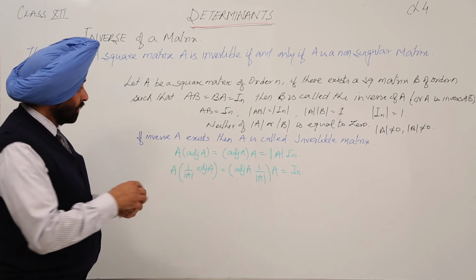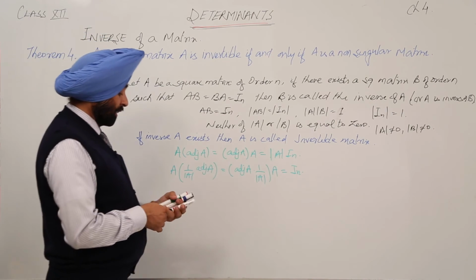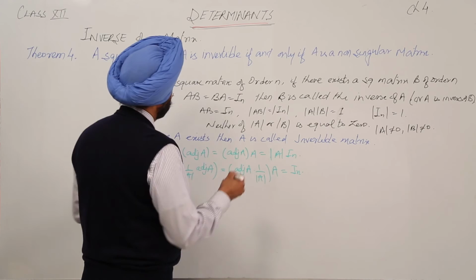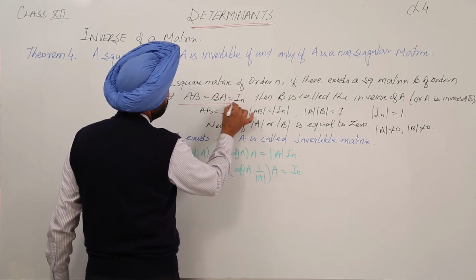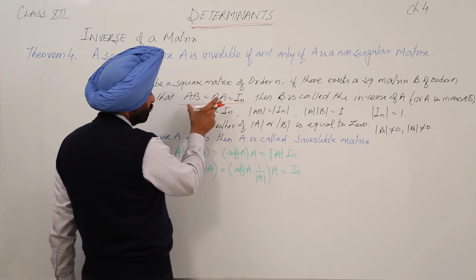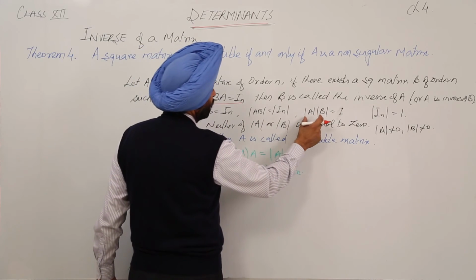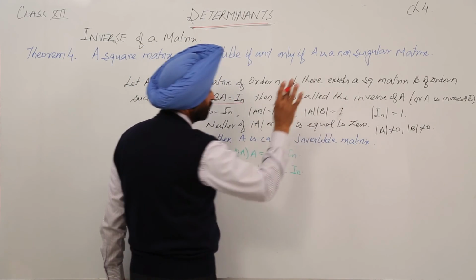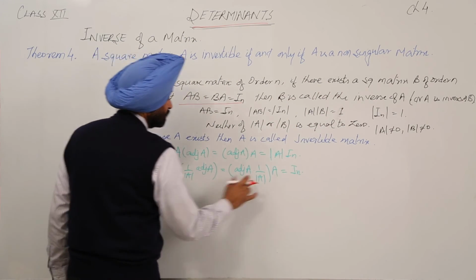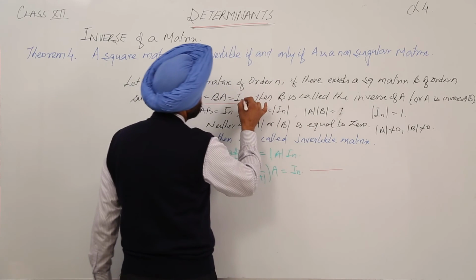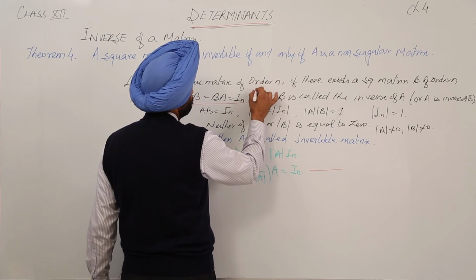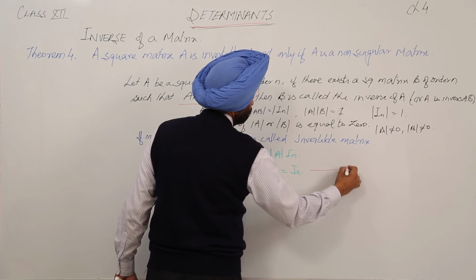Now one is this part, and for the other part we have proved that determinant of A times determinant of B is equal to 1, and then one is this part. Suppose we take this as 1 and this as 2.